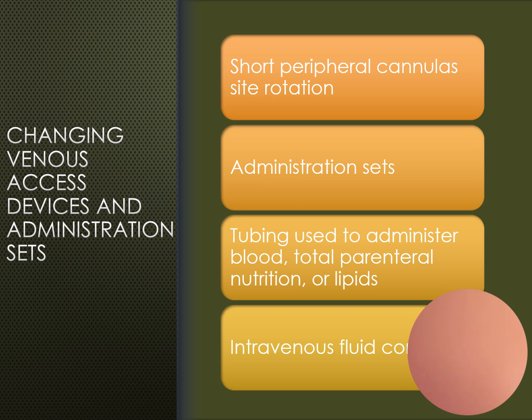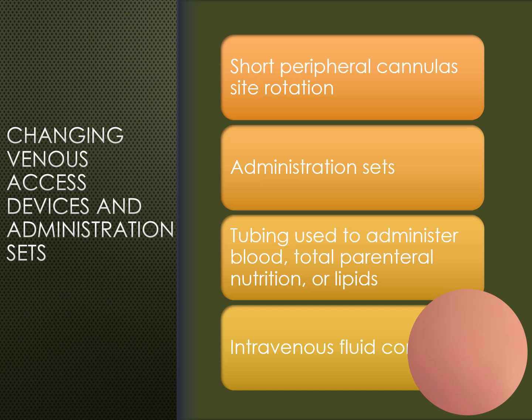Now, years ago, it used to be recommended that we rotate peripheral sites every 3 days, but it is no longer recommended to rotate those peripheral sites as long as there aren't any complications at the insertion site. If we do suspect a bloodstream infection, then we can always culture that catheter tip, put it in a sterile cup, and then notify the provider and see if they want to run a culture on that tip.